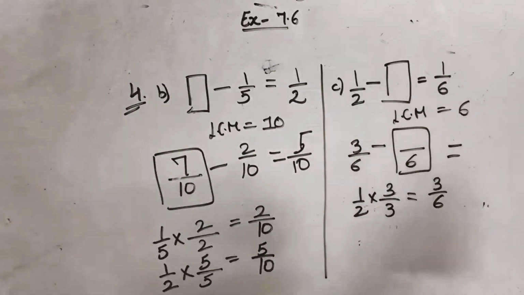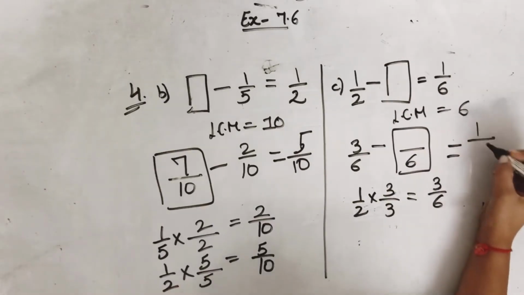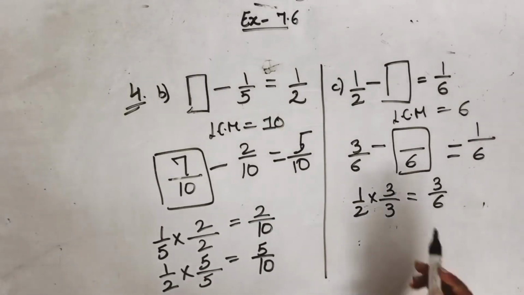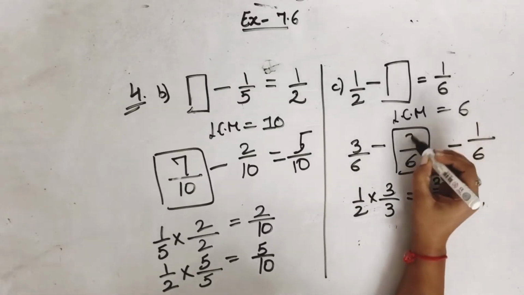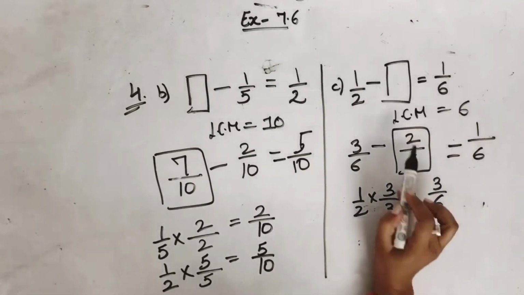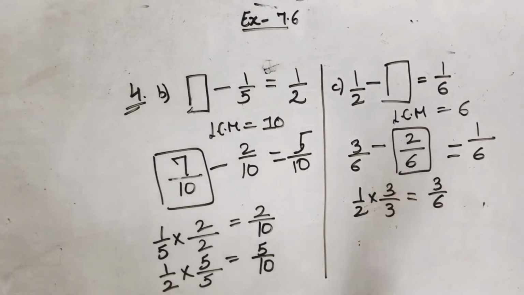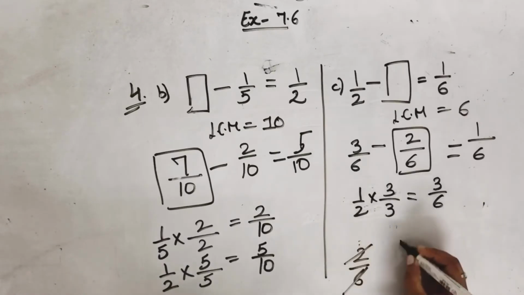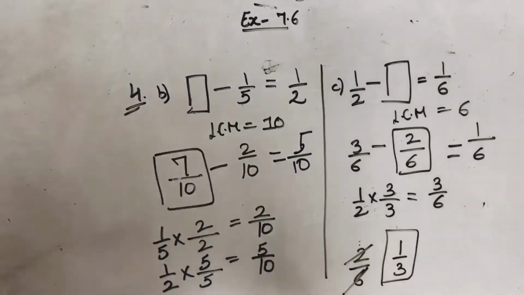Now in this fraction the denominator is already 6, so we don't have to do anything. So now which number will be subtracted from 3 to get 1? 2. So the fraction is 2 by 6. We can further simplify this fraction. 2 by 6 after simplification will be 1 upon 3. So the answer is 1 upon 3.